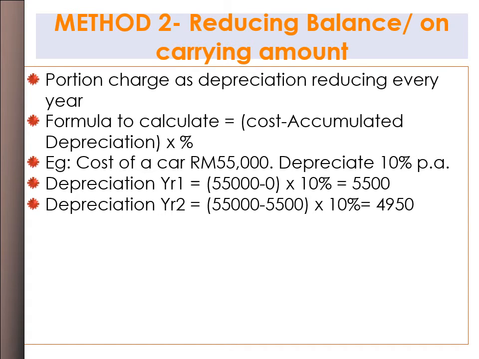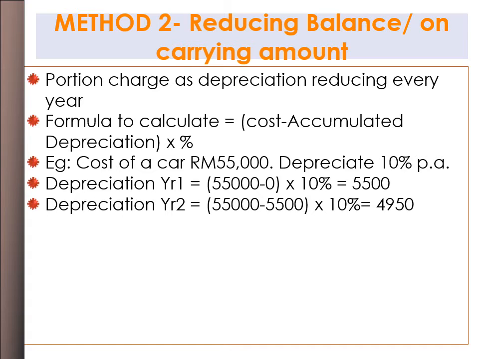However, for depreciation in year 2, since in year 1 you have provided the 5,500 for depreciation, in year 2 you need to deduct the 5,500 from the 55,000, the cost of the car.